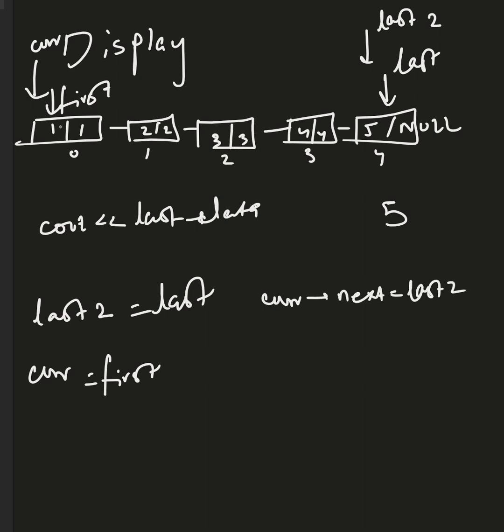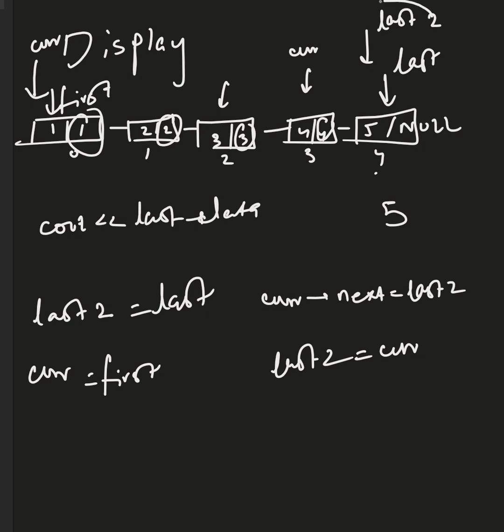So what's happening here is right now current is at 0 and the next of current is 1. Here the next of current is 2. Here the next of current is 3. And here the next of current is 4, which is also equal to last2 because last2 is at 4. So now when current reaches here, I'm going to do last2 equals current.